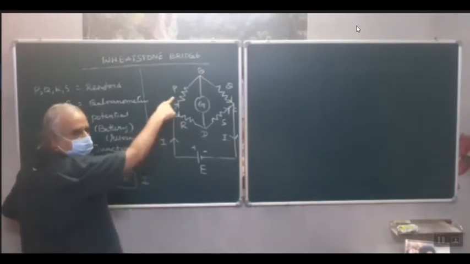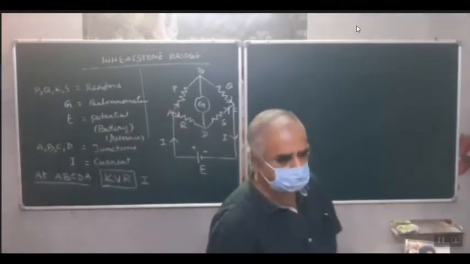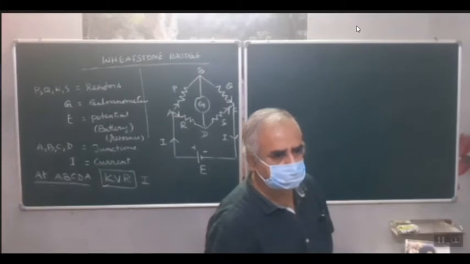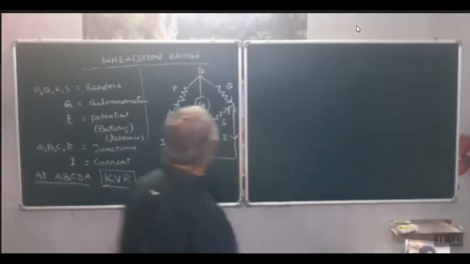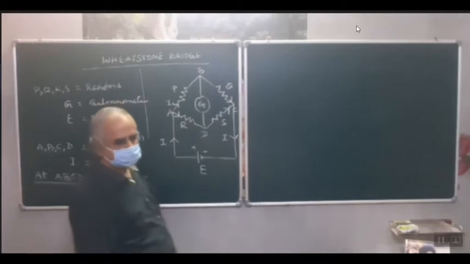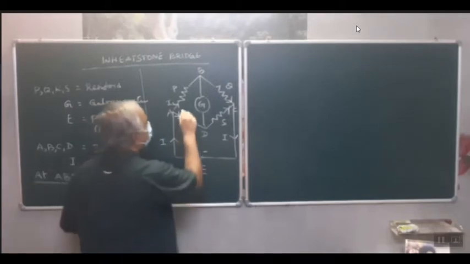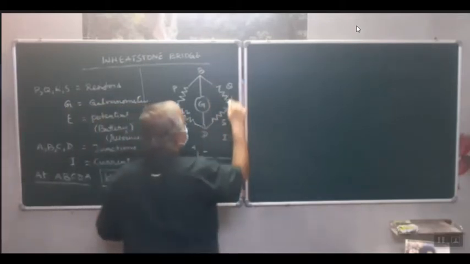We know, according to Ohm's law, E is equal to IR. V is equal to IR. The potential is equal to the product of current and resistance. And we need to represent the current passing through these resistors.